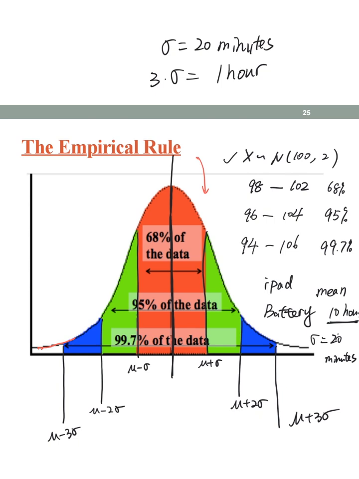So between 9 hours to 11 hours, I have 99.7% of iPads. I can guarantee their battery works in this time interval. So I have more than 99% of observations, for more than 99% of iPads the battery can last more than 9 hours. So this can be used for quality control.